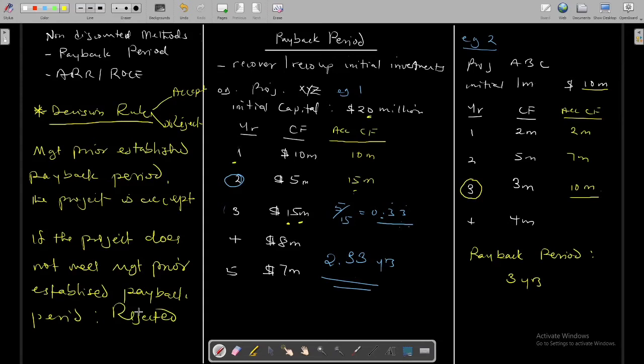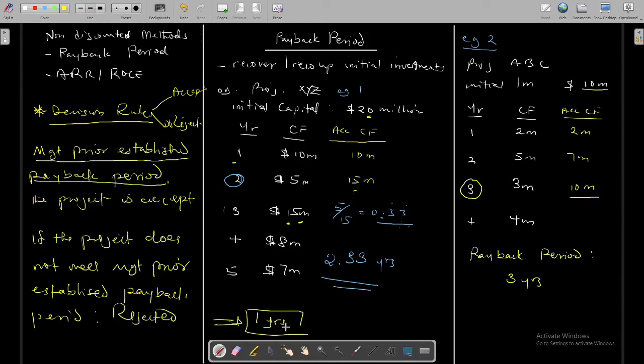Before any project starts, management may decide that for this project we need, let's say, a payback period of 1 year. This is what we accept as our payback period. So at a board meeting, management will decide that all our projects should recoup their investment in just 1 year. So that is the management established payback period.